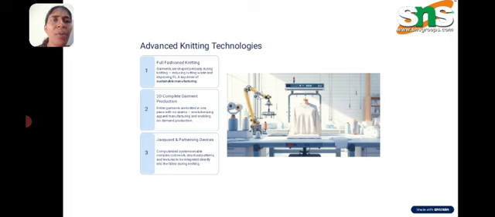A key driver of sustainable manufacturing. 3D complete garment production: entire garments are knitted in one piece with no seams, revolutionizing apparel manufacturing and enabling on-demand production. Jacquard and patterning devices: computerized systems enable complex color work, structural patterns and textures to be integrated directly into the fabric during knitting.